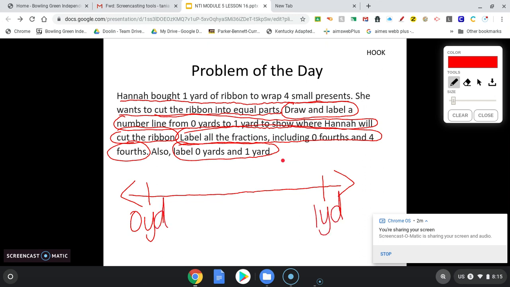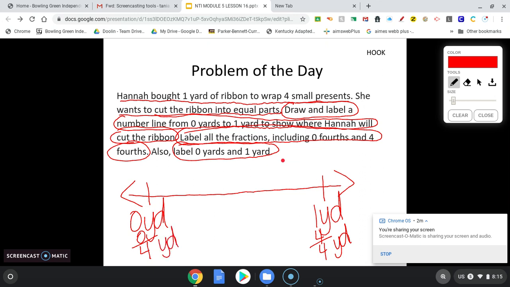Very important that we use the unit yards when we're doing this. Now we need to show 0/4. So at 0 yards, that fraction would be 0/4. And what would the fraction be at 1 yard? That's correct, 4/4. So we can also add the unit yards to each of those.